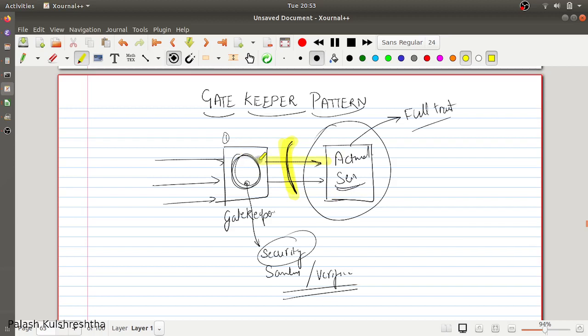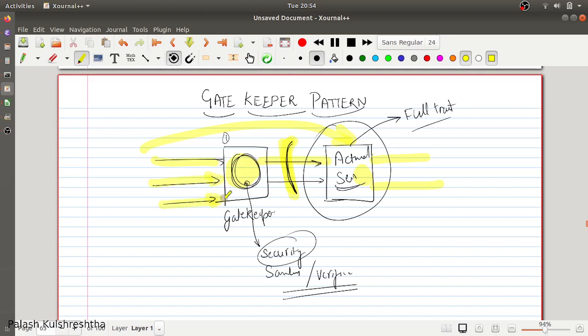Another thing that we have to consider is, since users don't have direct access to your service, any secrets or credentials that are stored in your actual service are secure, and you won't be storing any credentials in your gatekeeper service. All the data components, all the access to the inner components, are going to be via the actual service. No other service is going to be connected via your gatekeeper service.